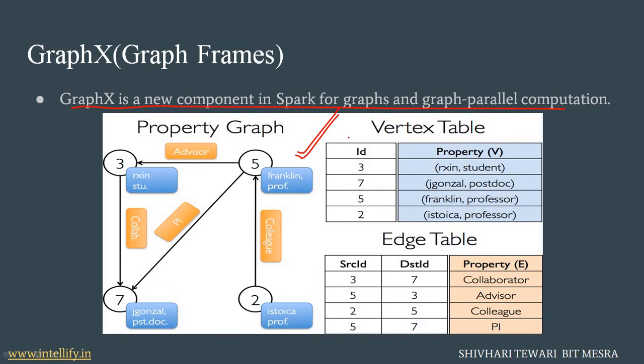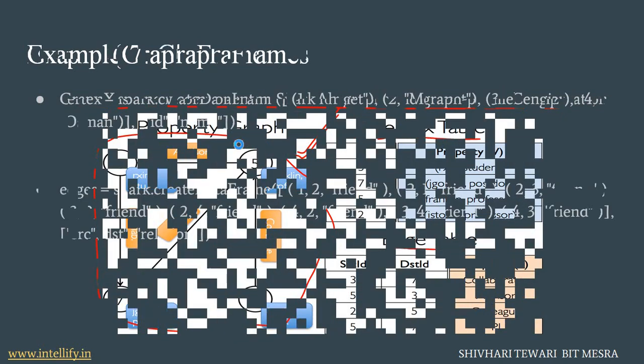So we have two tables given, one is vertex, another is edge, and it has worked on both of the tables, and then it has given a graph to its user after processing both the vertex and edges tables.